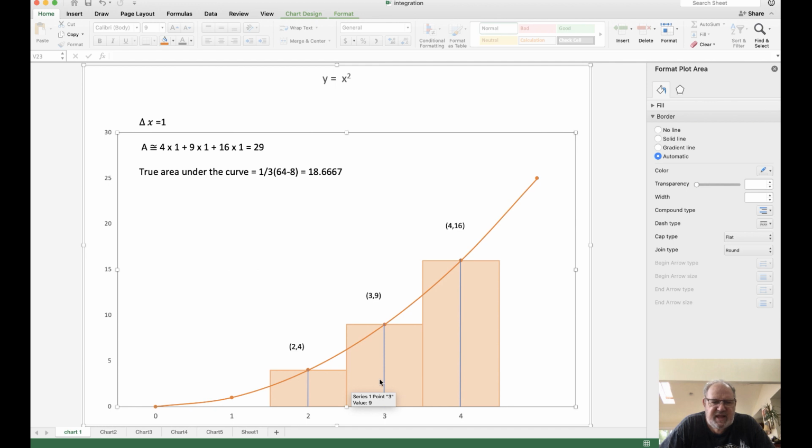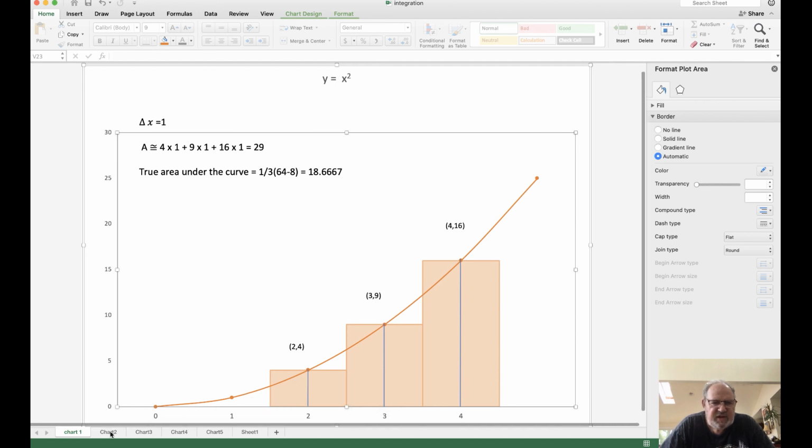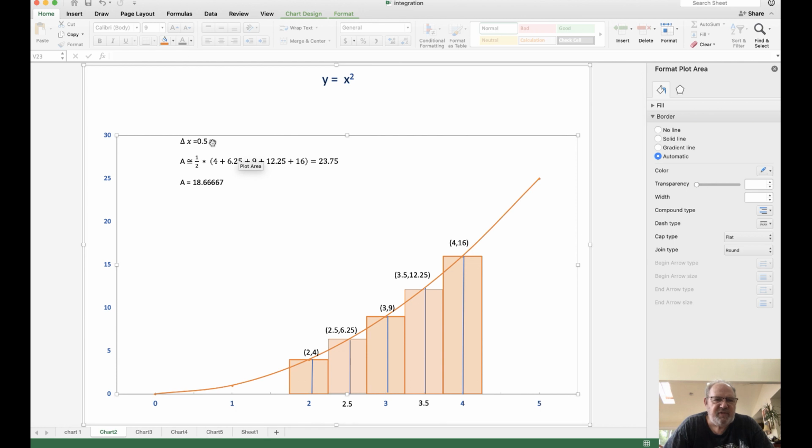If we shrink that down to delta x equals 0.5, half the width that we had before, we end up with 5 rectangles and a closer approximation, because the error of pieces of the rectangle that are added that aren't under the curve, and the pieces that are not being added, this white area, is smaller.